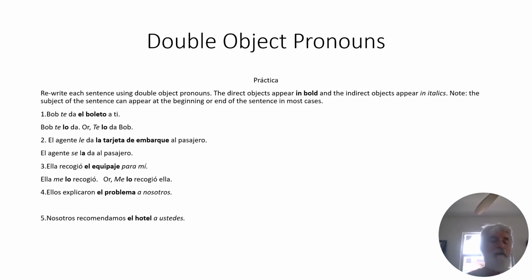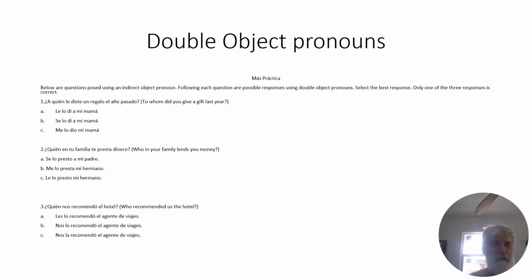And here are some other problems which you can look at. All right. And then finally, in this slide, I've given you some problems you can do by yourself. Take a look at these and just get used to using double object pronouns, okay?